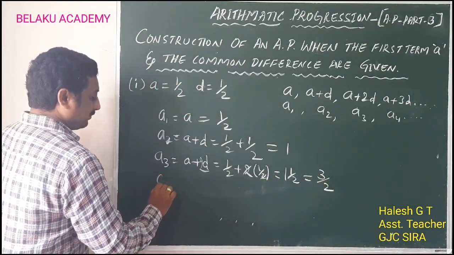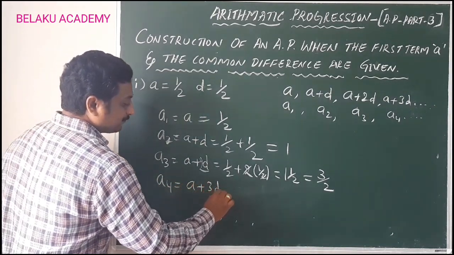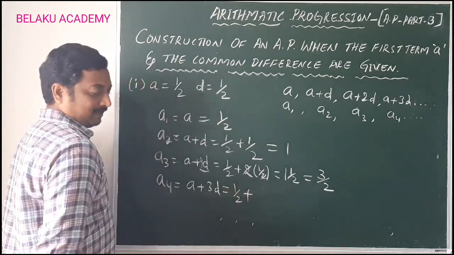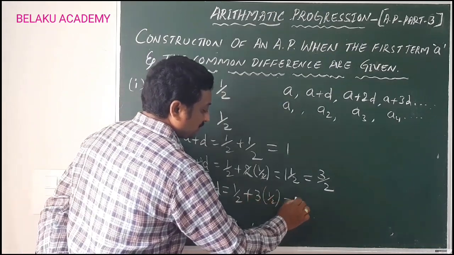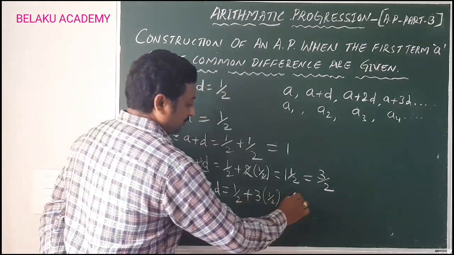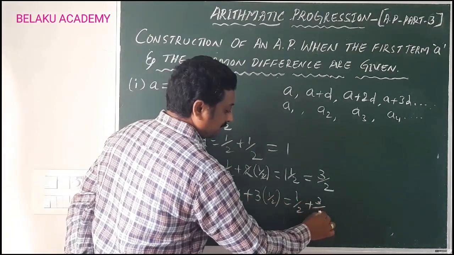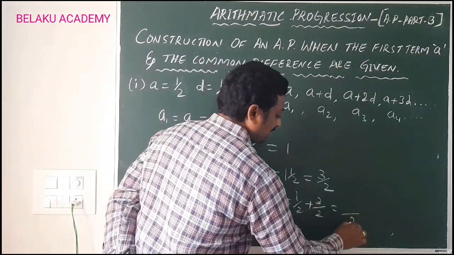Now let me find the fourth term, that is A plus 3D. A plus 3D is equal to half, the value of A. So now 3 into 1 by 2, so now it becomes 1 by 2 plus 3 into 1 is 3 by 2. Since the denominator is same, you can keep the denominator as it is.